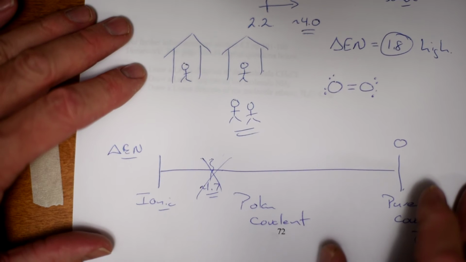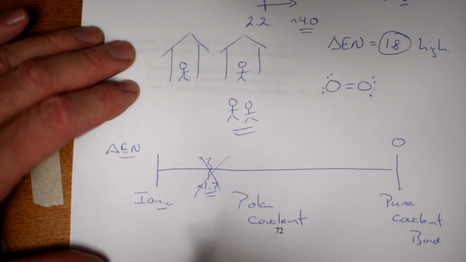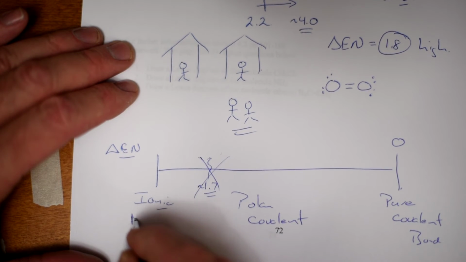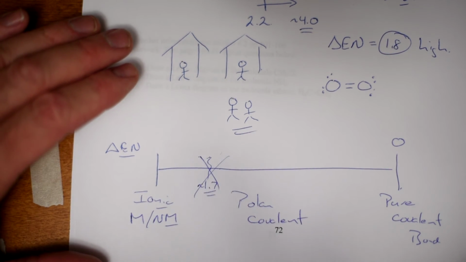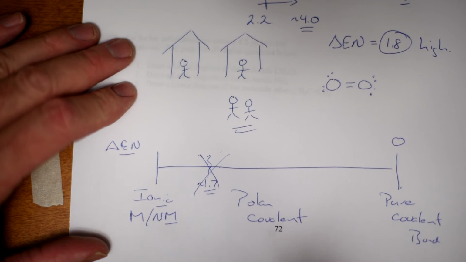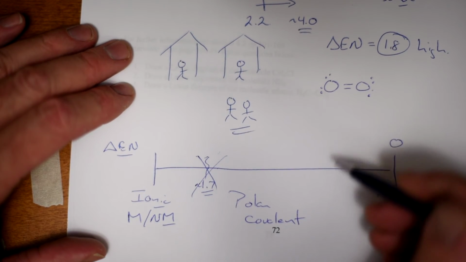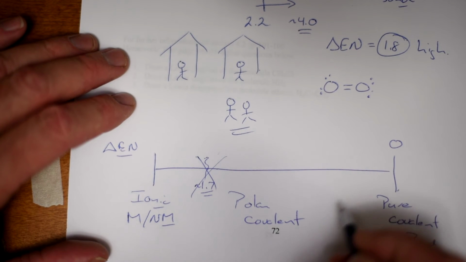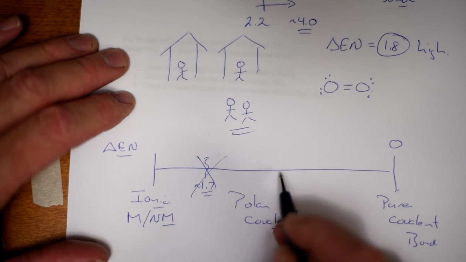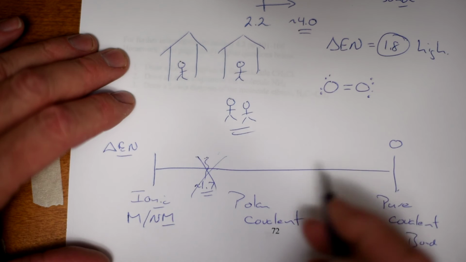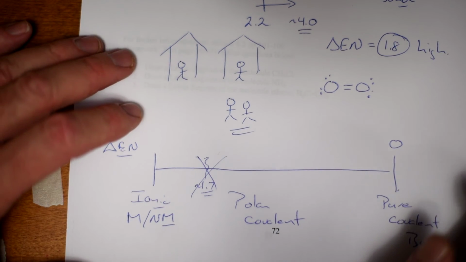We're going to define an ionic bond as something between, can you remember, metal and non-metal. Okay, as soon as you see that, just call it ionic bond. If it's non-metal, and we have a change in electronegativity, we have a polar covalent bond. And it just varies in its polarity: the bigger the value, the more polar the bond.